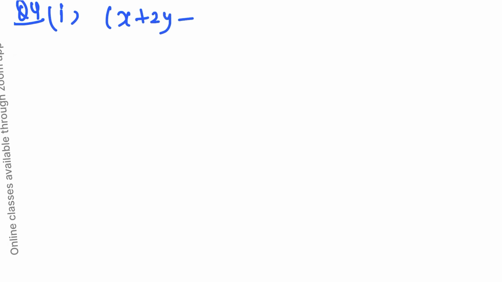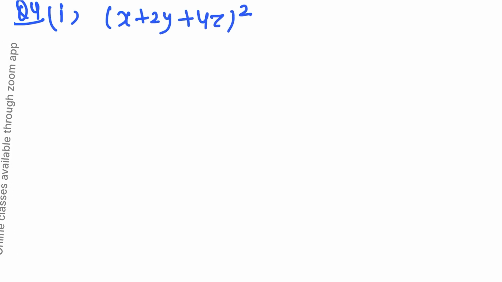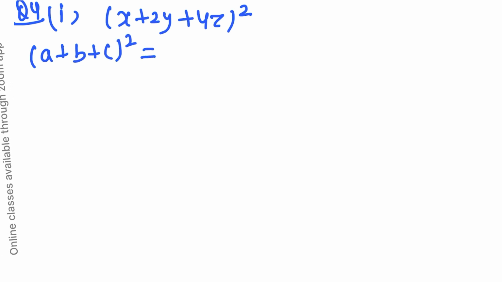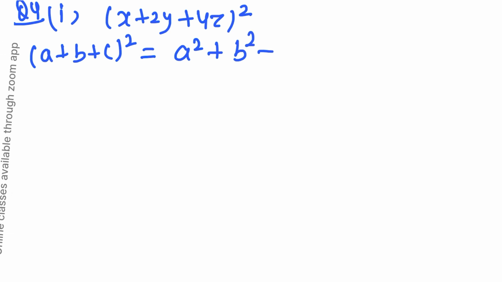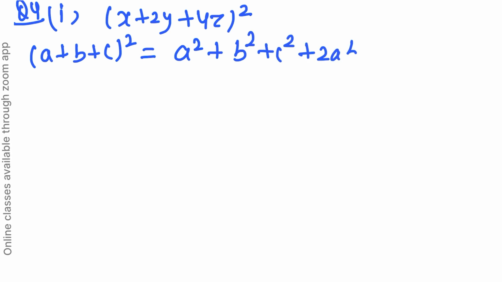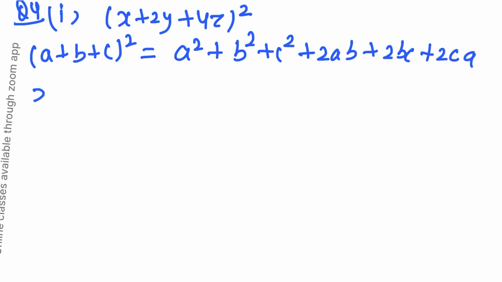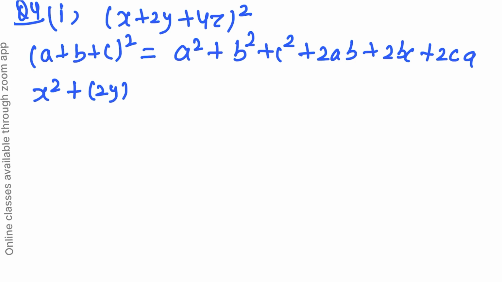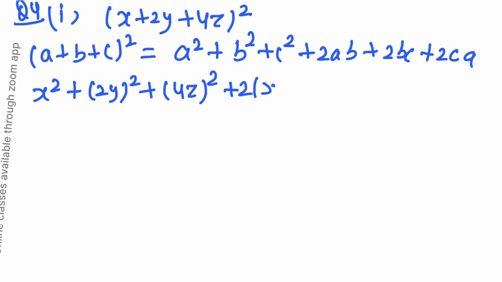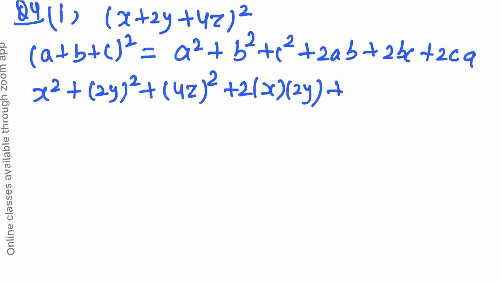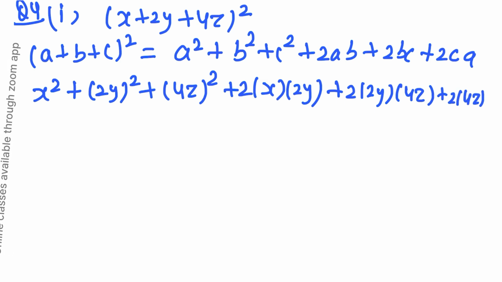This first part is (x + 2y + 4z) whole square. So here we can apply (a + b + c) whole square, that is equal to a square + b square + c square + 2ab + 2bc + 2ca, where a is x, so x square, plus b is 2y, so (2y) whole square, plus c is 4z, so (4z) whole square, plus 2 into x into 2y plus 2 into 2y into 4z plus 2 into 4z into x.